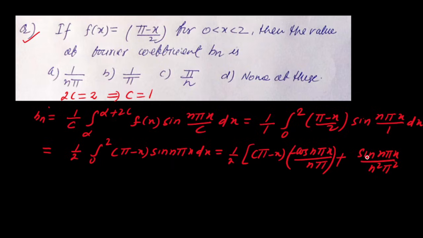Then if I integrate cos n pi x by n pi, again I will get sine n pi x by n square pi square, because this n pi is already present, and the derivative of pi minus x will give me minus 1, so I write minus 1, and the limit of integration here is 0 to 2.